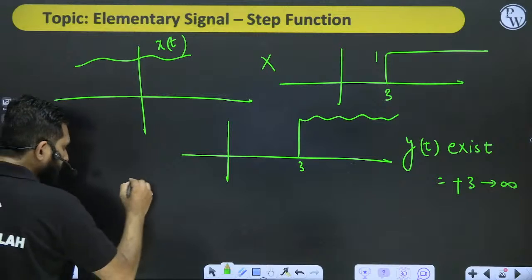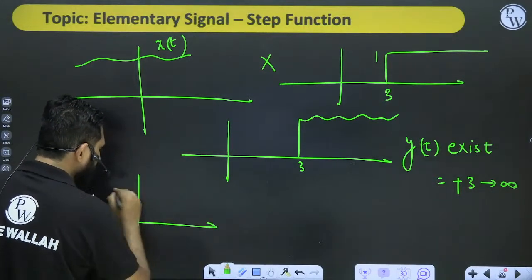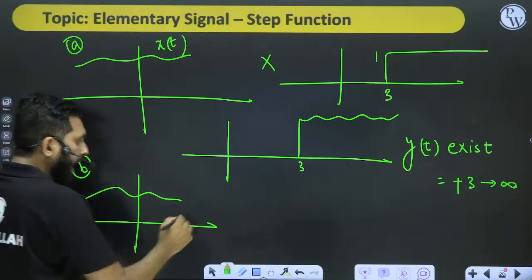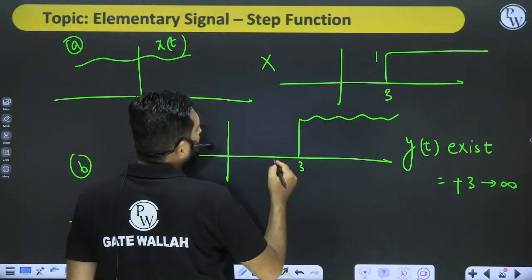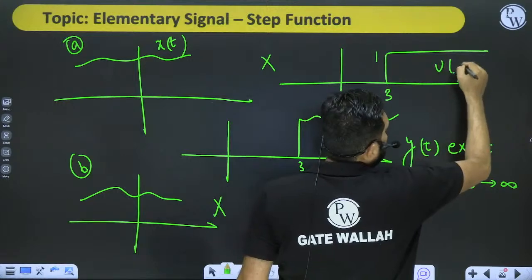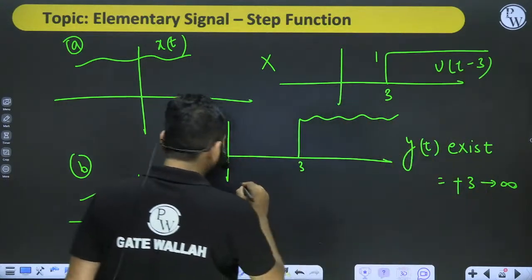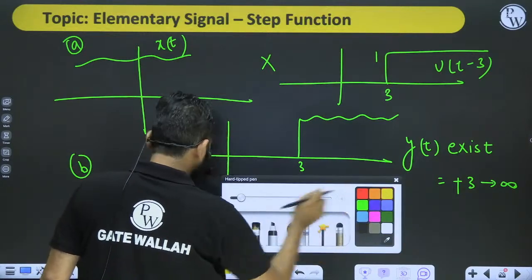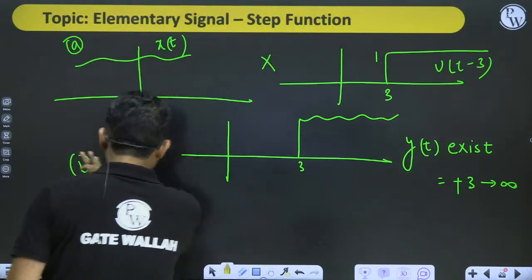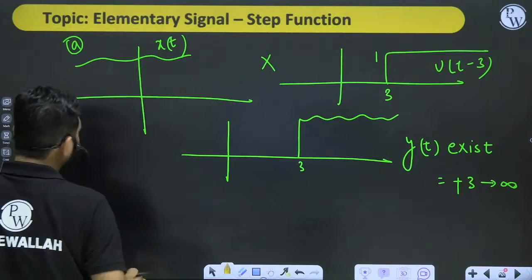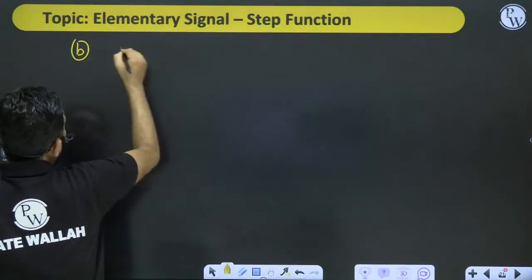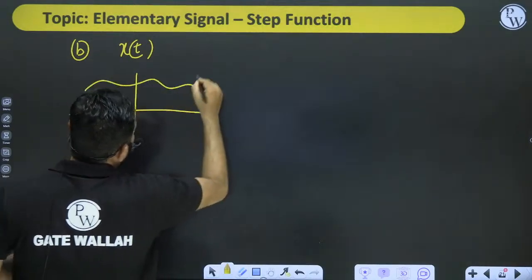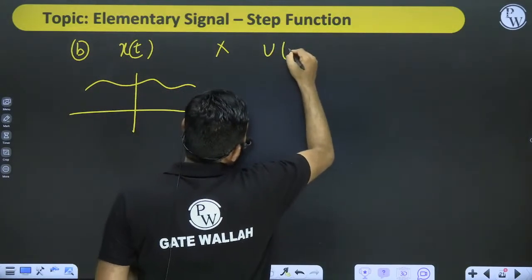Acha, what about this one? Suppose we have x of t, this was a and that was b, and it is multiplied by u(t minus 3). Now let's take part b. I want x of t multiplied with u(minus t minus 3).